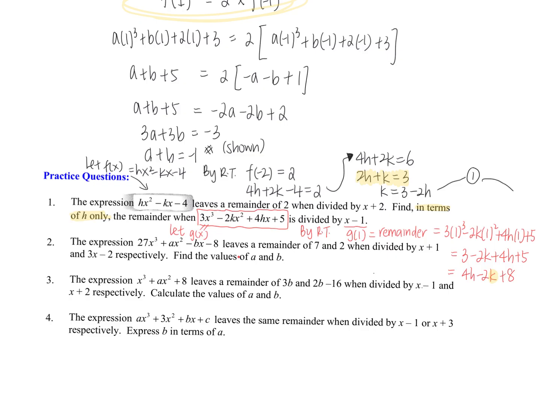Then you sub it in here, and you can find your answer in terms of h. So final answer, you get 8h + 2. Just like that. So this is the remainder for the first question.